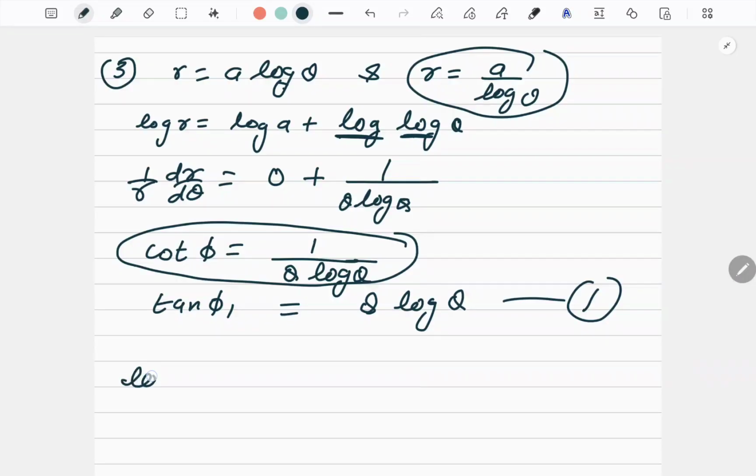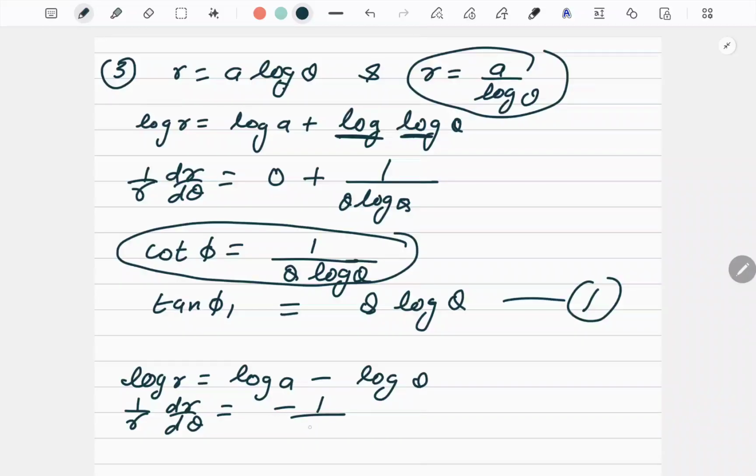Take the log. So log r is equal to log a minus log theta. So 1 by r dr by d theta is equal to minus 1 by theta. See, I was telling you not to make the mistake and I have made the mistake. What is the mistake? Log r is equal to log a minus log of log theta. Correct?